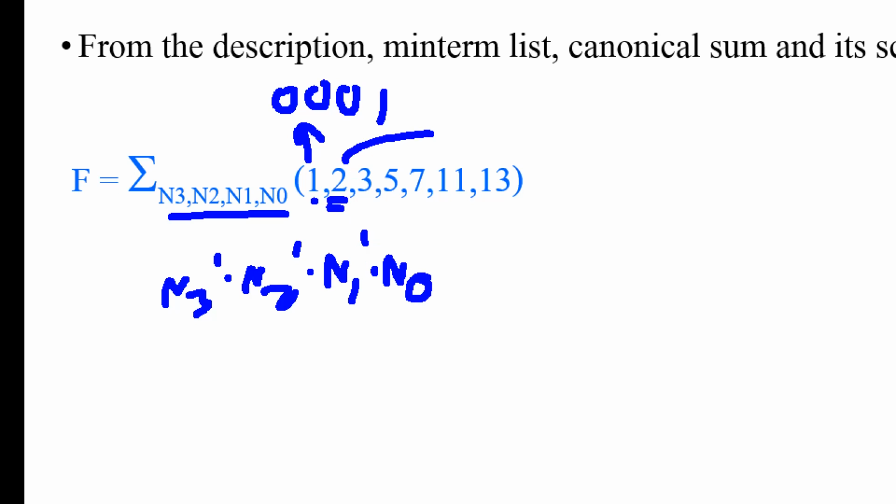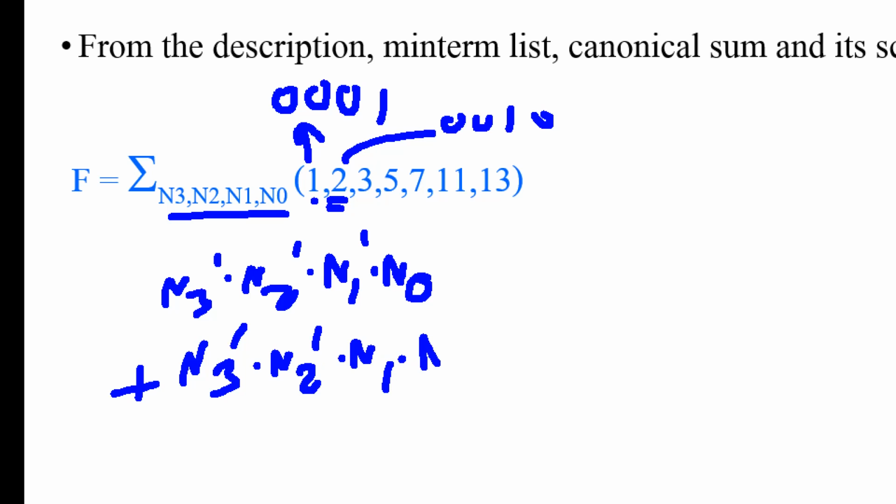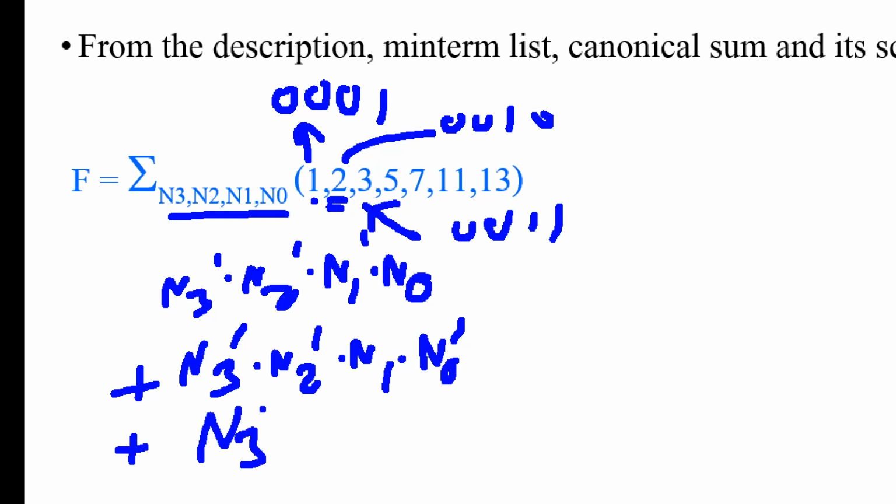How about 2? 2 is 0, 0, 1, 0, right? That means you must add one more term of n3 prime and n2 prime and n1 and n0 prime, right? For this value. And 3 is 0, 0, 1, 1, right? That means minterm of this is n3 prime and n2 prime and n1 and n0, okay, and so on.